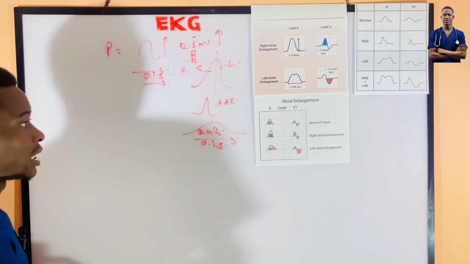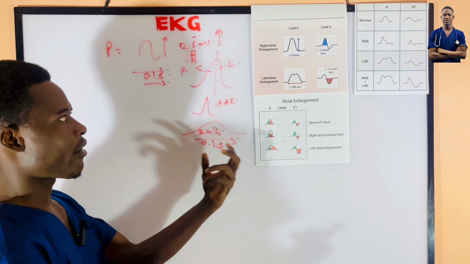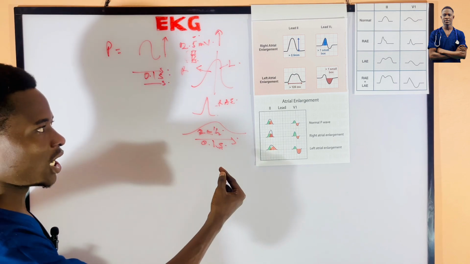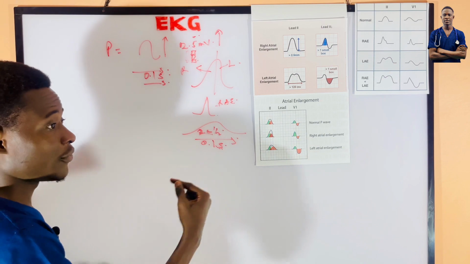Are you clear with it? Now we know how we can identify the right atrial enlargement and then the left atrial enlargement. Now let's look at other factors that can lead us to identifying that one.